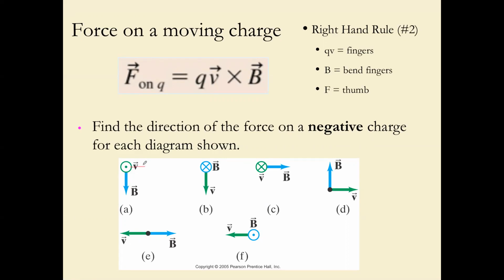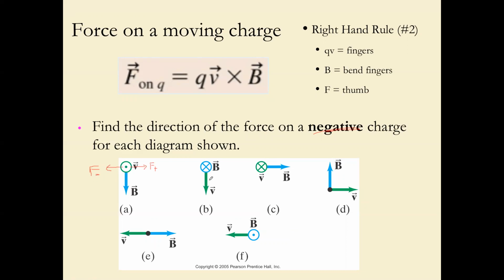So this is the direction of the force for a positive charge. Since the question is for a negative charge, we will take the reverse of it. For a negative charge, the force will be the reverse of the positive charge.